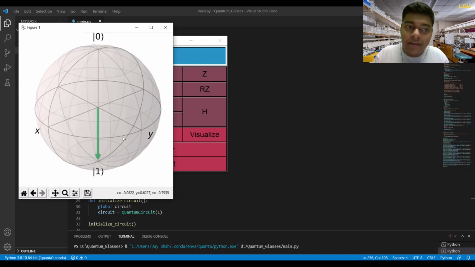So if the state vector is not in that particular plane which is perpendicular to that particular gate, Pauli Z, X or Y, then that particular Pauli operator will not have any effect over it. All right, that's what we have seen visually.